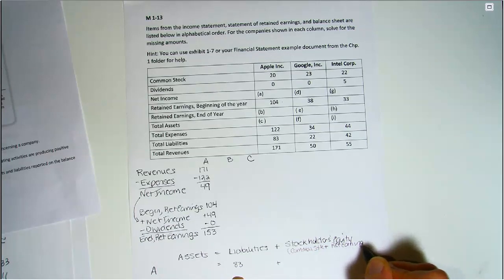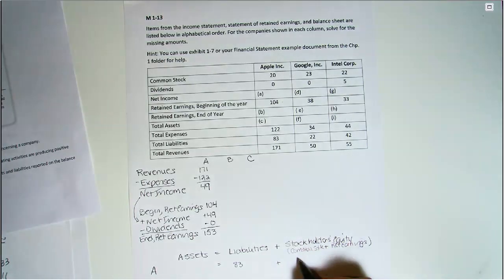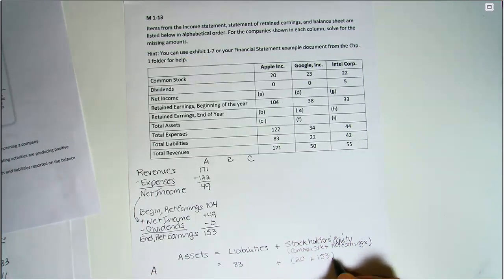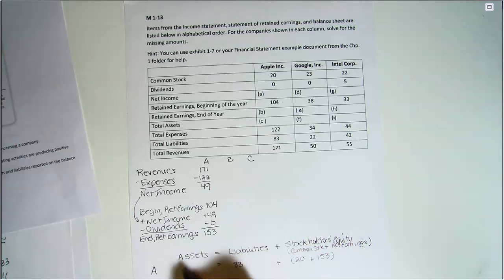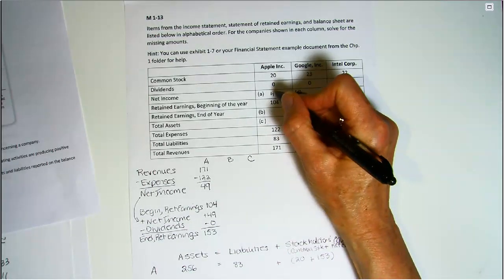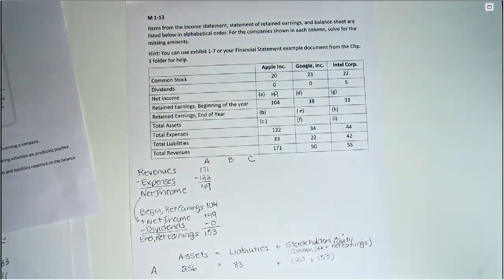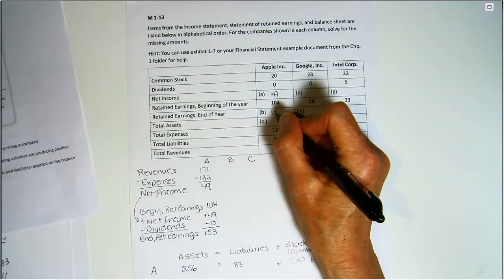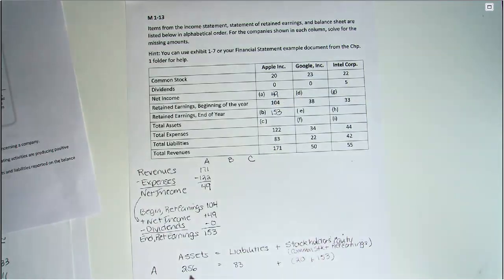Just remember to use the ending retained earnings balance. So the common stock is 20. The retained earnings balance we just calculated was 153. So the total stockholders' equity is 173. 83 in liabilities plus 173 in stockholders' equity makes 256. So if you're doing this in Connect, you would simply put 49 in the little space for A, you would put 153 in the space for B, and you would put 256 in the space for C.